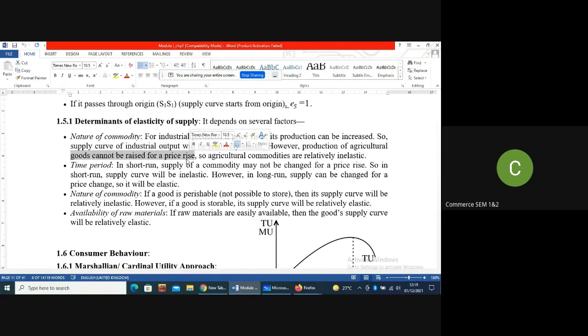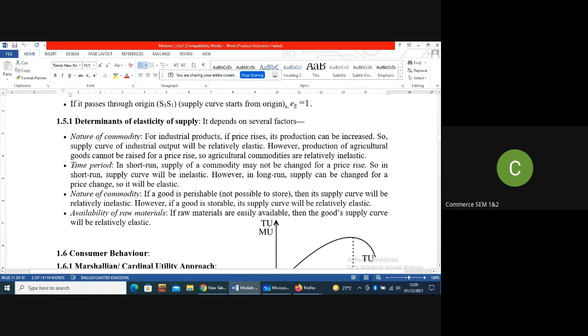So we have to start the production of onion and tomatoes, and then after say 3-4 months, when the crops come up, only then the production of those agricultural commodities can be increased. So that is why the agricultural commodities supply curve are relatively inelastic.